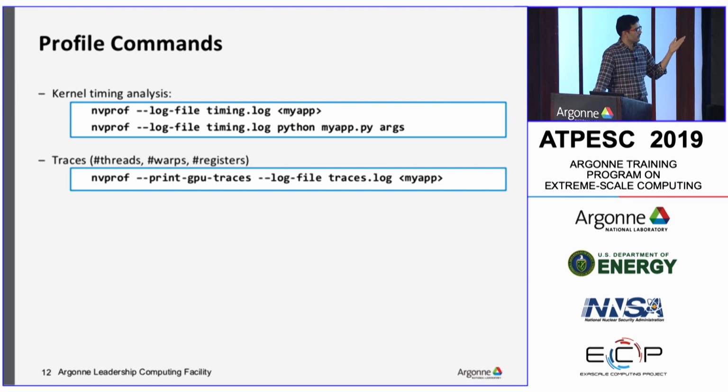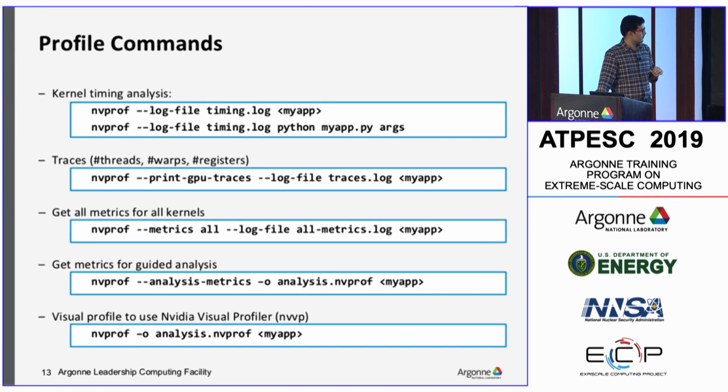That shows the different functions or kernels in my code, ordered by timing. The next step: each kernel is a computational part that is launched by multiple threads. If you want more thread-level information and kernel characteristics, you can use print GPU trace, so you get trace information for each kernel.